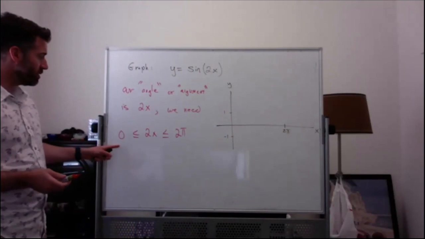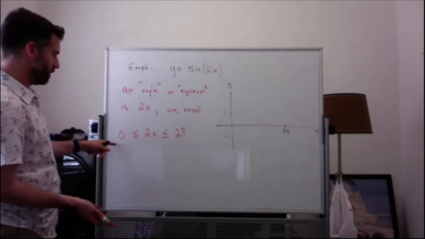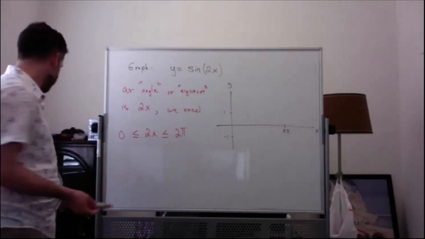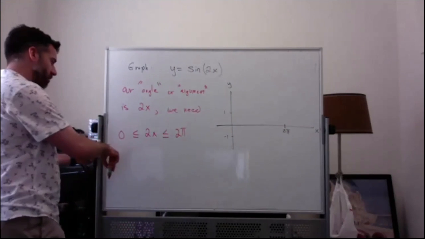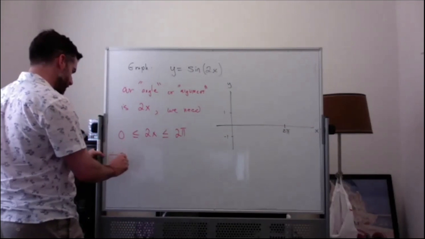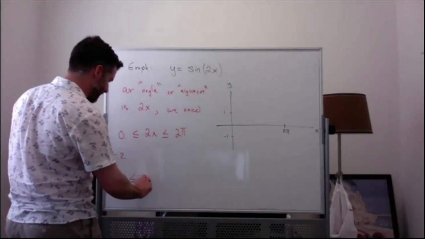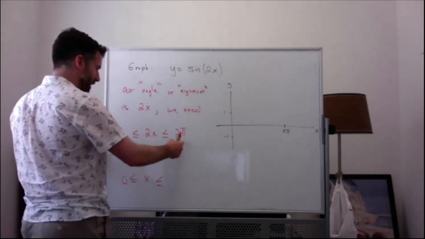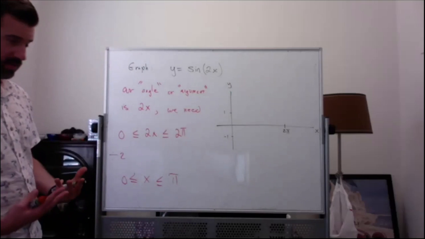But what I can do to this compound inequality, 0 less than or equal to 2x less than or equal to 2pi, is divide everything by 2. 0 divided by 2 is 0. 2x divided by 2 is x. 2pi divided by 2 is pi. So check this out.